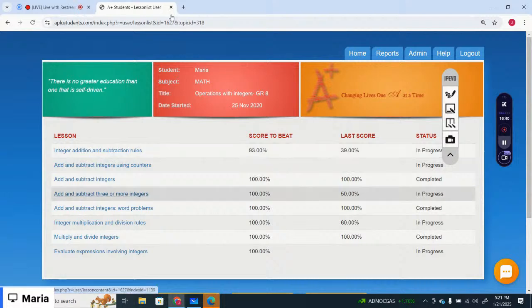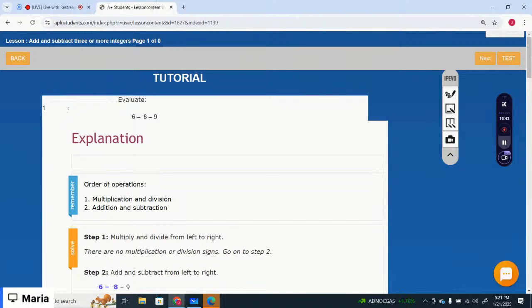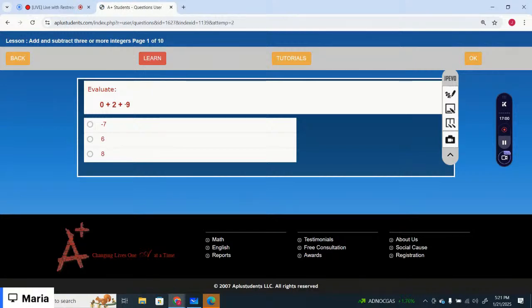Add and subtract three or more integers. Let's start with the test questions. Zero plus two plus negative nine.